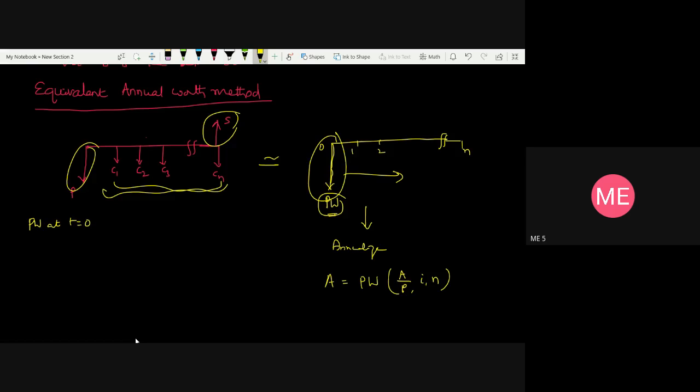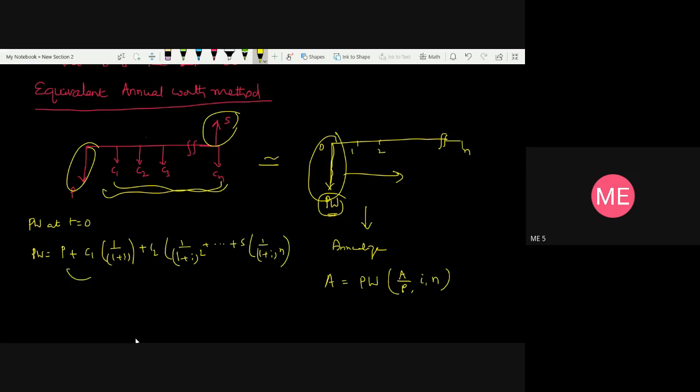So we know how to calculate the present worth. Because it is cost dominated, present worth is equal to P plus C1 into 1 by 1 plus I, C2 into 1 by 1 plus I whole square, and so on, plus S into 1 by 1 plus I whole to the power of n.